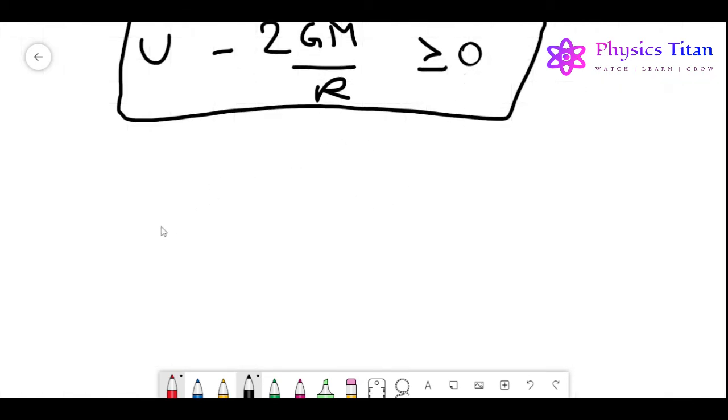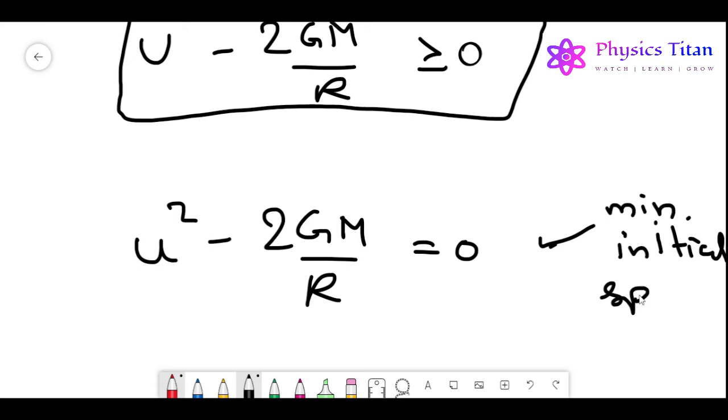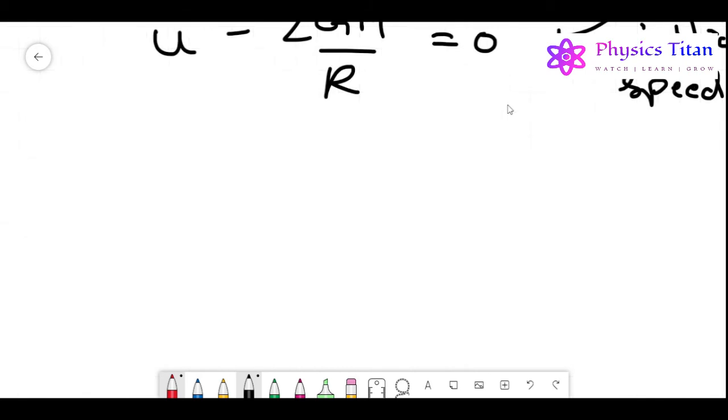That means the minimum initial speed required will be when u square minus 2g m upon r equals 0. This is the condition for minimum initial speed to reach infinity or to escape the influence of gravitational pull of the planet.